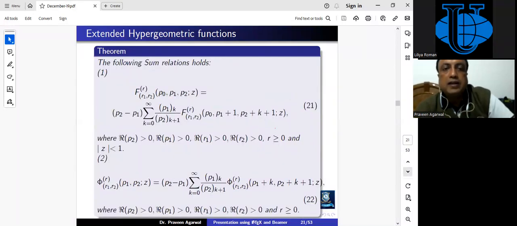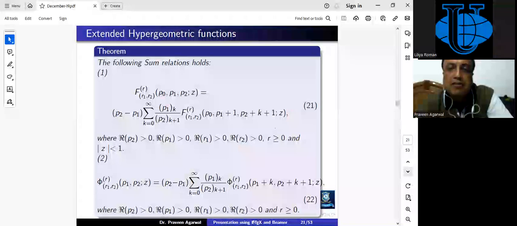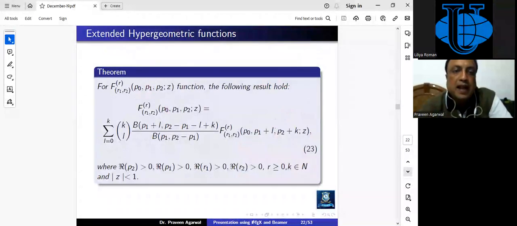The following summation relation also holds true for the extended beta, extended Gauss and extended confluent hypergeometric functions, which is given by equations number 21 and 22. Then for the extended Gauss hypergeometric function, the following result holds true.